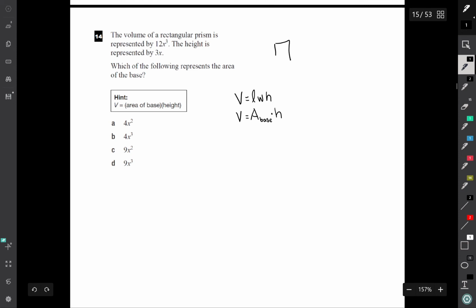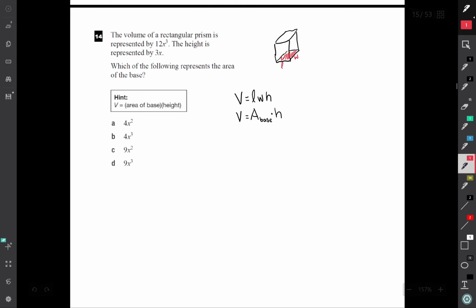Let me just draw my rectangular prism. Something like that. The area of the base is equal to the length times the width.